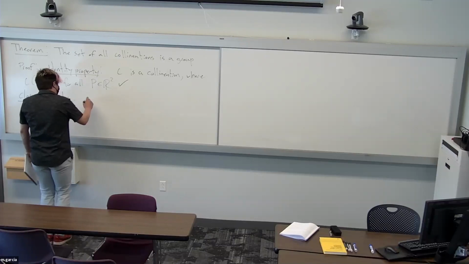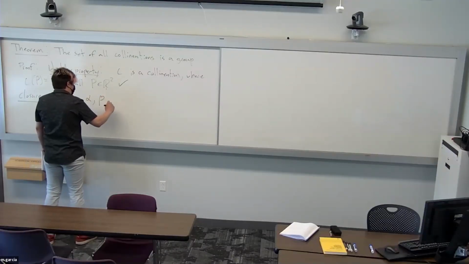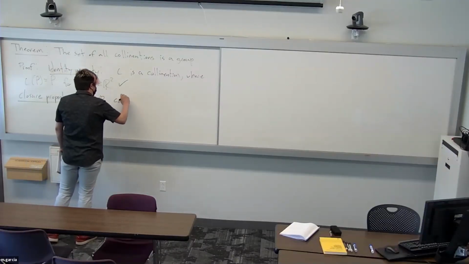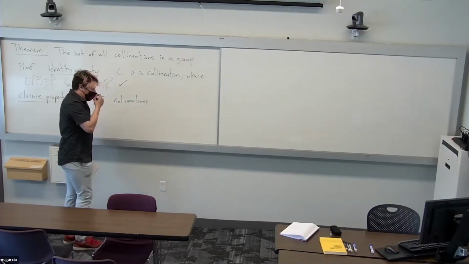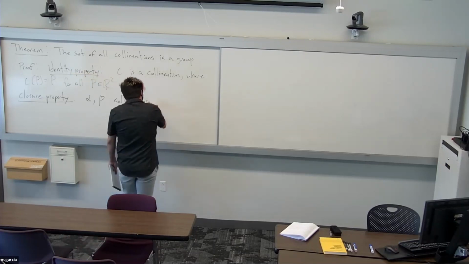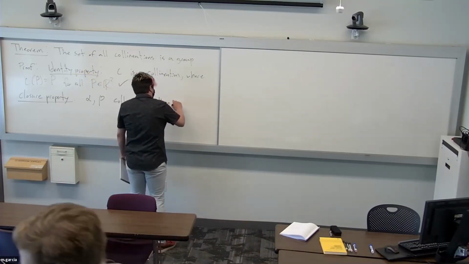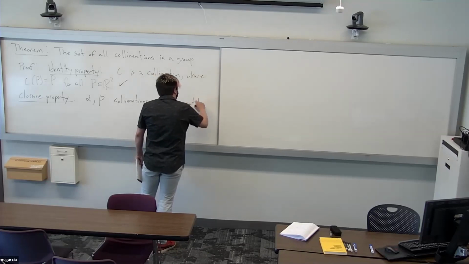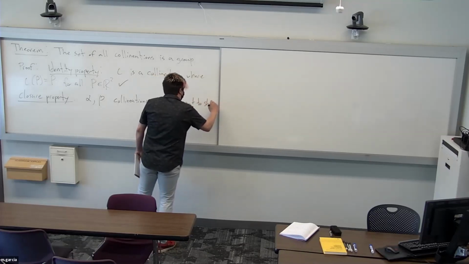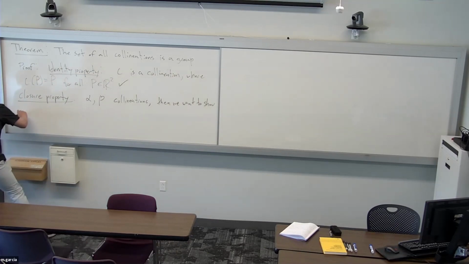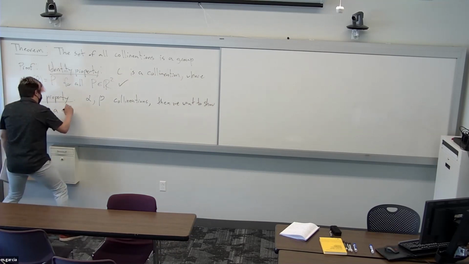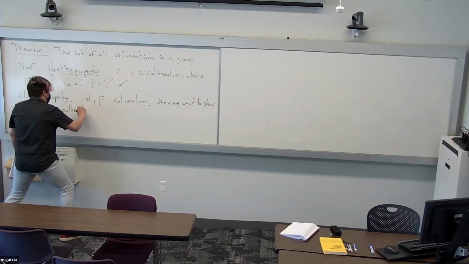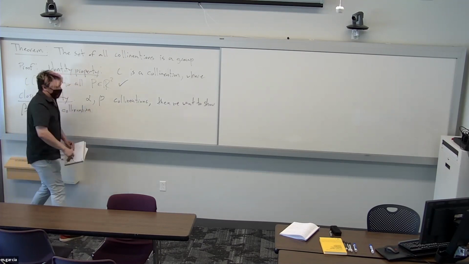Okay, so let's take alpha and beta collineations. Then what we want to show is that beta composed with alpha is a collineation. How do we go about this?